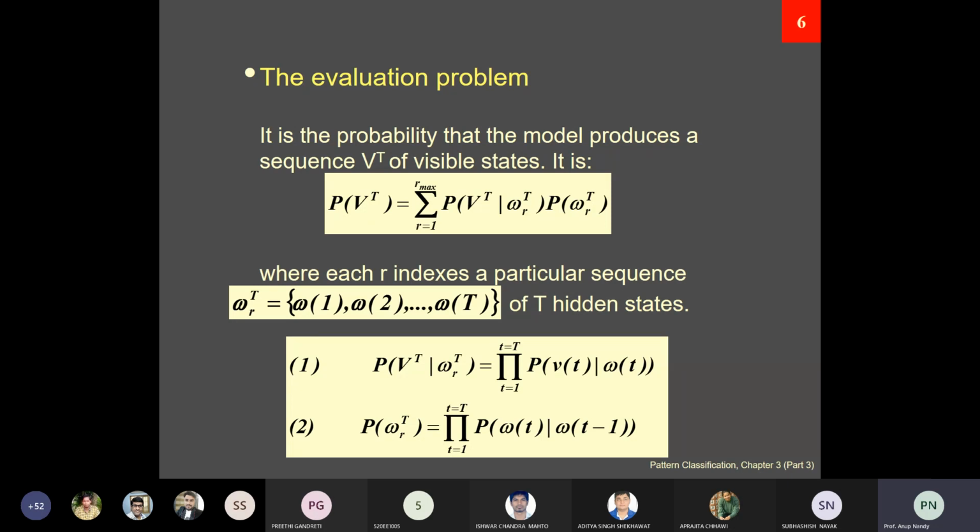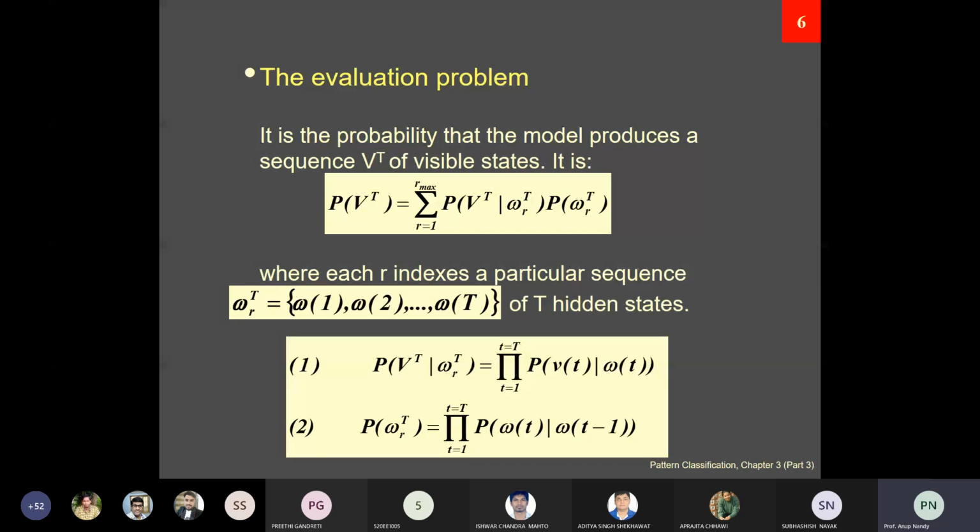You have to do the product over t is equal to 1 to capital T of the probability of VT given WT, because for each instance of time your model is reaching from one hidden state to another hidden state while emitting the visible sequence. That's why you need to compute this.